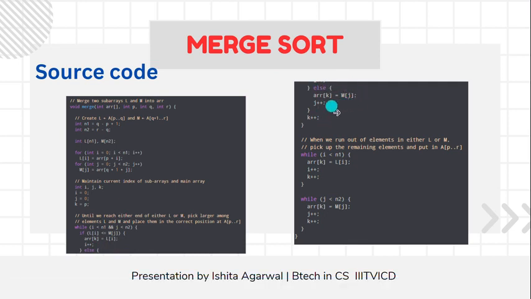Also we will increment the k index. It is used for the indexing of the main array.